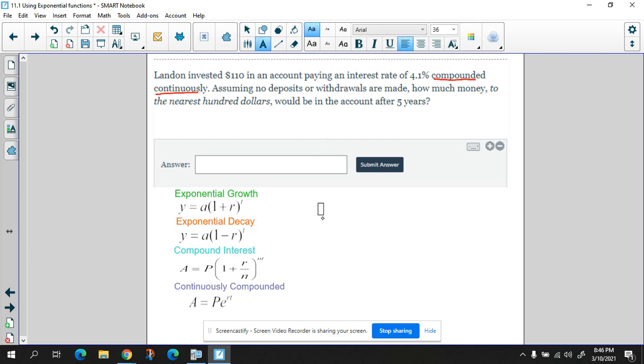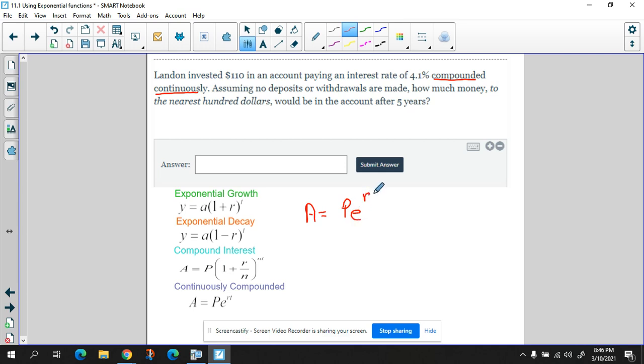And that formula is calculate the amount by taking the principal times this thing called E, which is actually a number raised up to the power of R times T, the rate times the time.